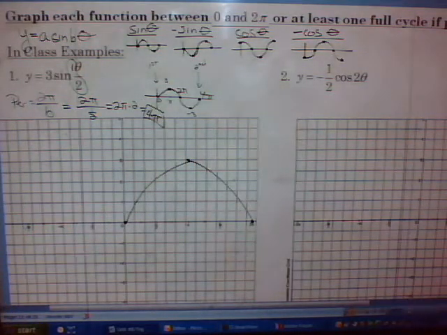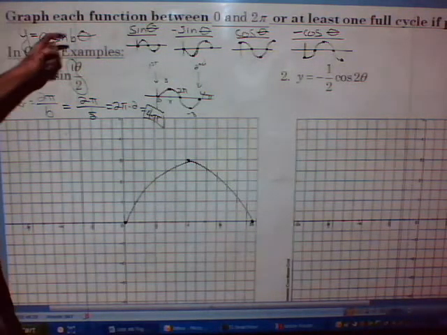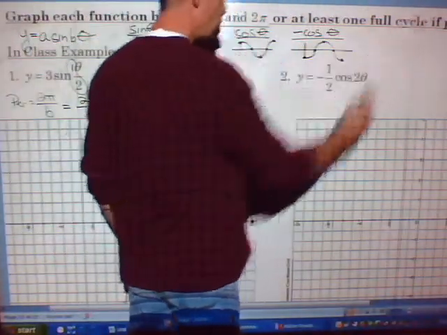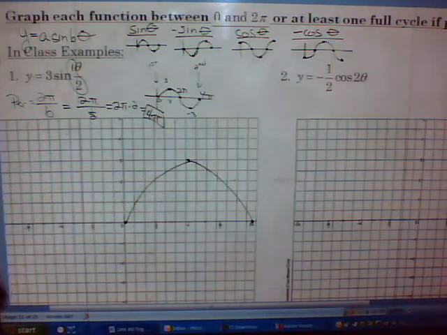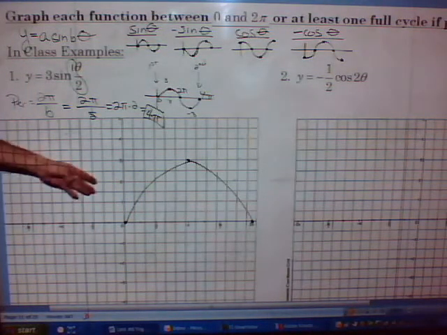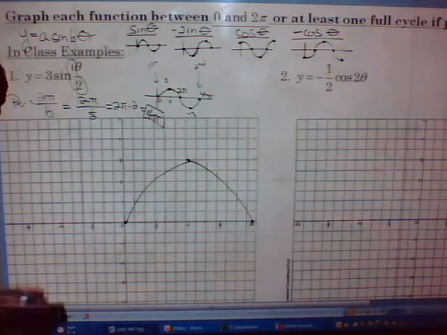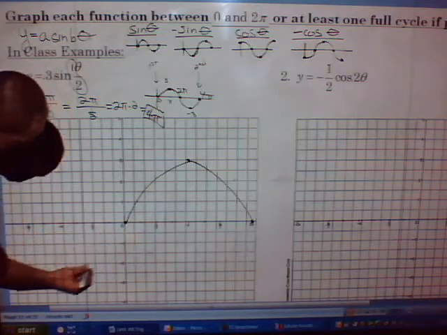Now, on these graphs, it says graph between 0 and 2 pi, or at least 1 full cycle. Since we don't have a full cycle, what I'd like you to do is to sketch the rest of the graph over here. So what we're going to do is take this the opposite way.